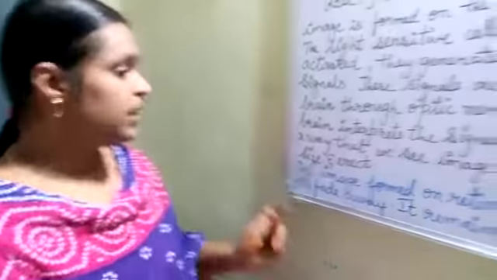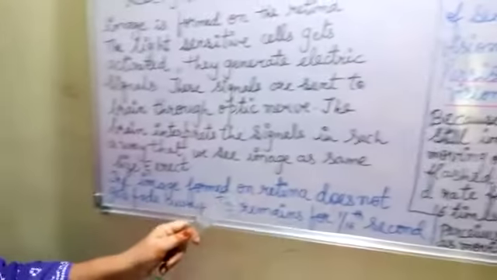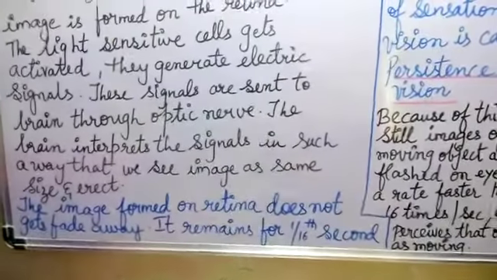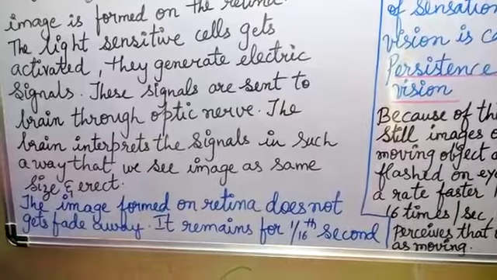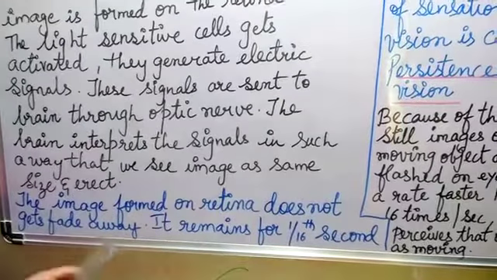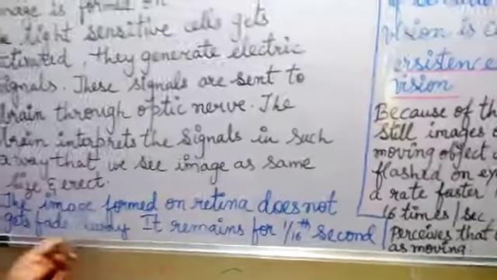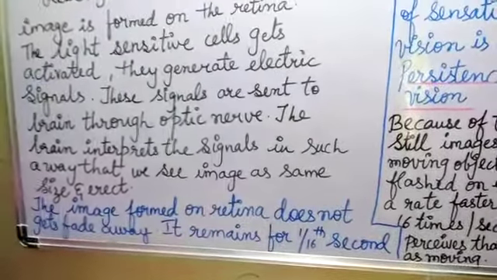Okay children. We know the image is formed on the retina, it generates signals, they go to the brain, and the brain interprets it as the same size and erect. Now what happens?